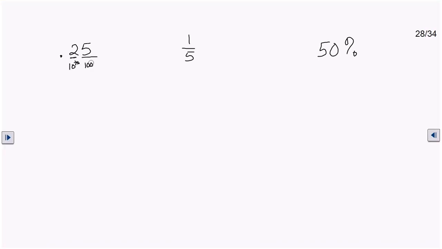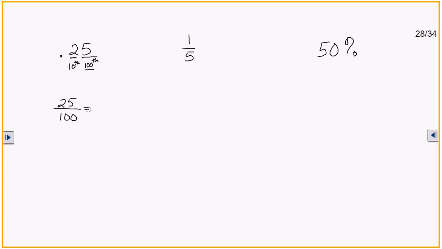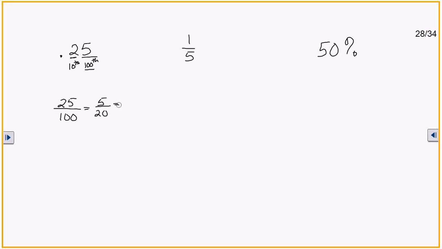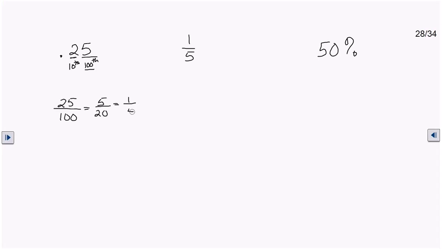Okay, let's see how you did. Let's take the 0.25, that is a decimal, and I'm going to change it into a fraction. Well, that's the 10th place, and that's the 100th, so I can put 25 over 100. And 5 will go into 25 5 times, and 5 will go into 100 20 times. 5 will go into 5 1 time, 5 will go into 20 4 times.